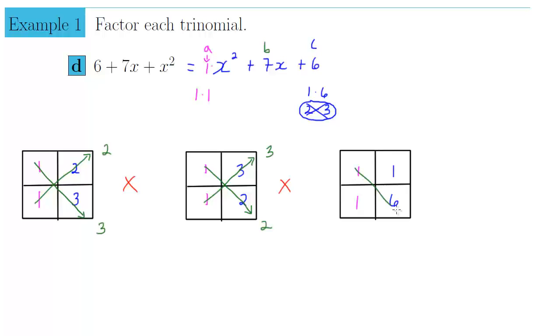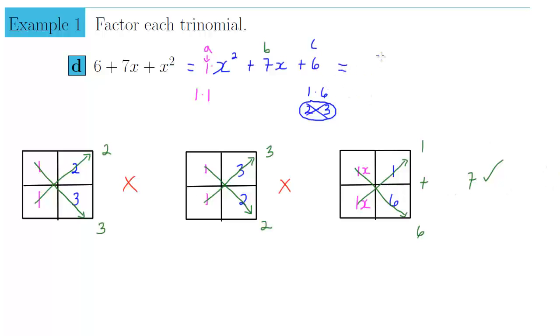And if we check, 1 times 6 is 6. 1 times 1 is 1. 6 plus 1 does add up to 7. So this box checks. Since we're trying to get an x squared, I know this is going to have an x and this is going to have an x.